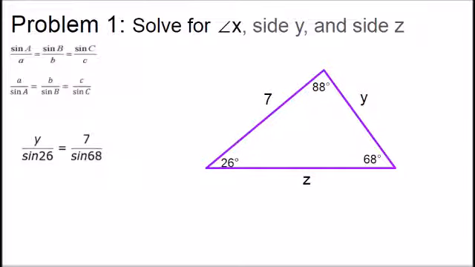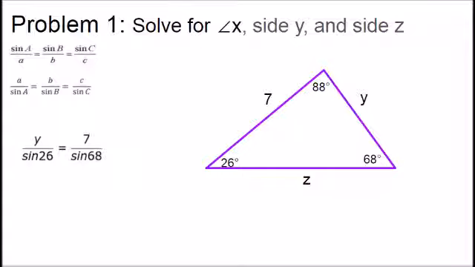So we have y over sine 26 equals 7 over sine 68, because that is the only proportion that we can have with both sets of information, because we have a side and an angle measure. And when you're setting up the proportion, the sine always goes with the angle measure.